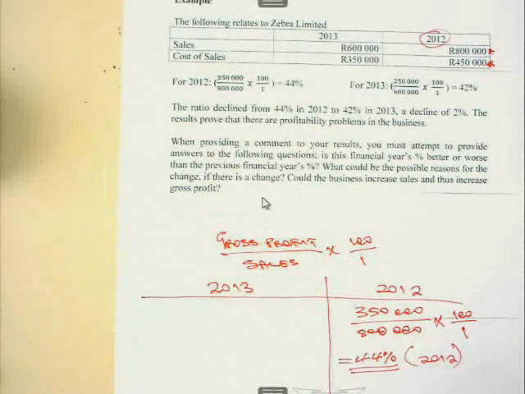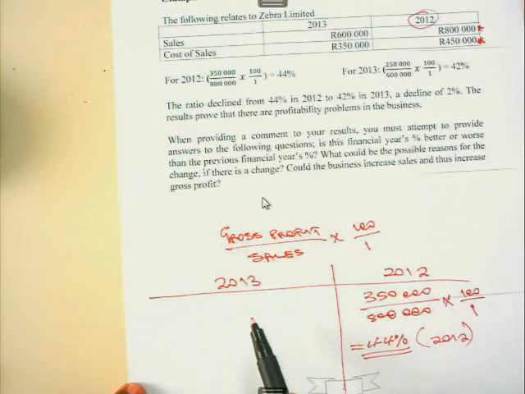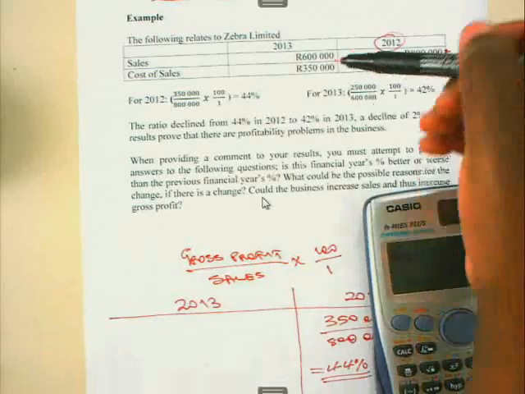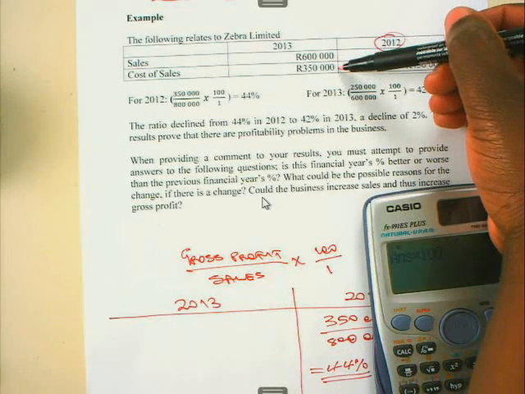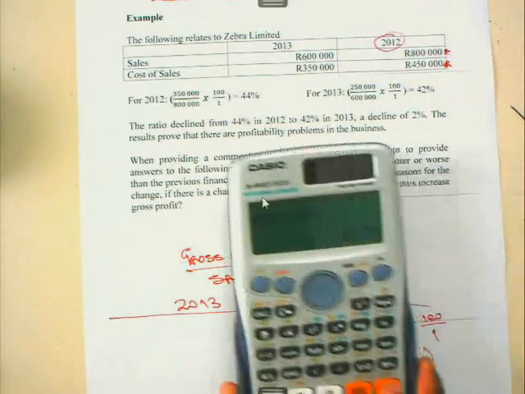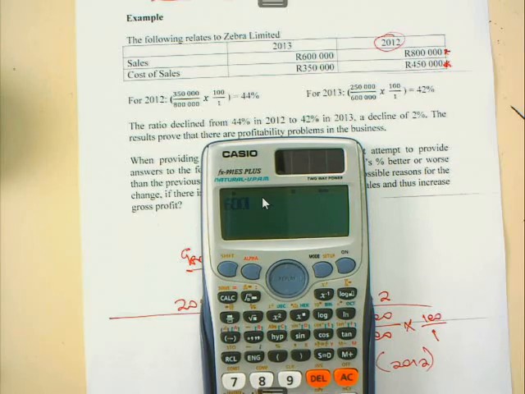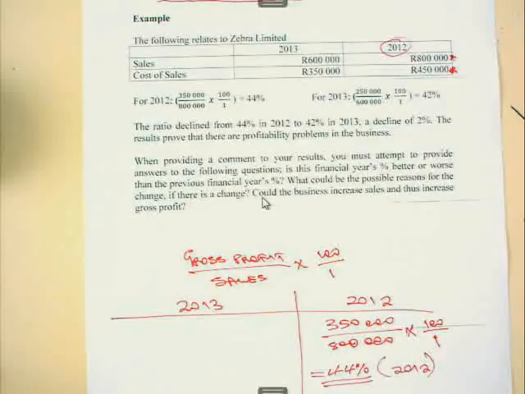We now move on to 2013. The formula is still the same. Let us calculate the gross profit for 2013. Our sales is 600,000 and our cost of sales is 350,000. We subtract the cost of sales of 350,000 from the sales of 600,000, which gives us a gross profit of 250,000.